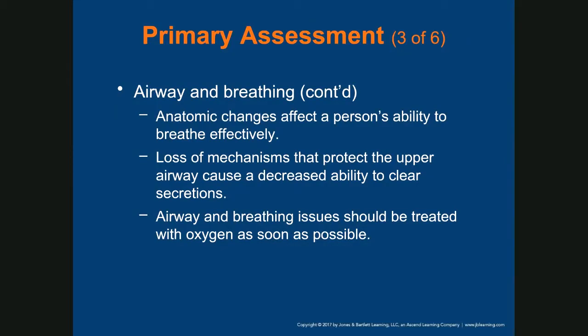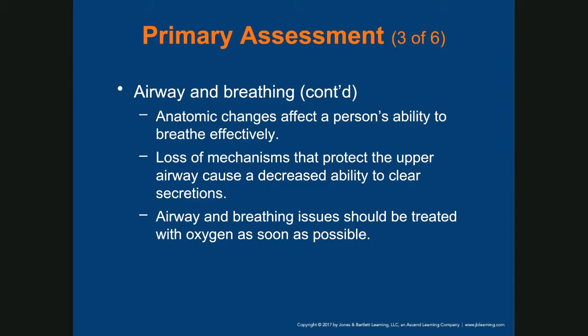So it can affect their ability to move their chest, and you have to be looking for that. By now, everybody should know what to look for to determine if they need to bag a patient or breathe for a patient with a BVM. That is my expectation at this stage.